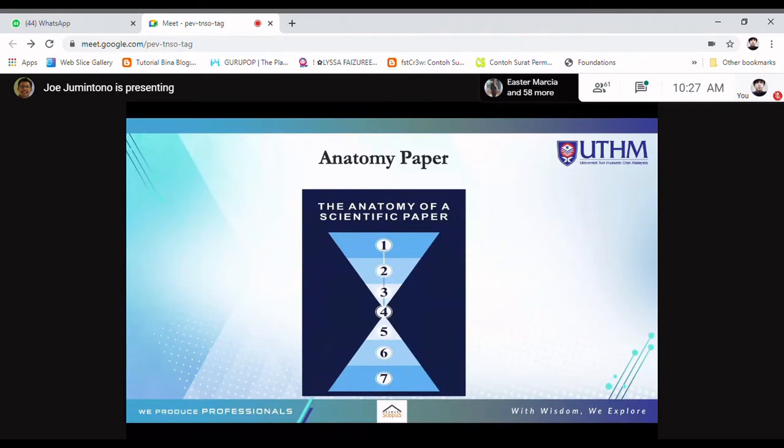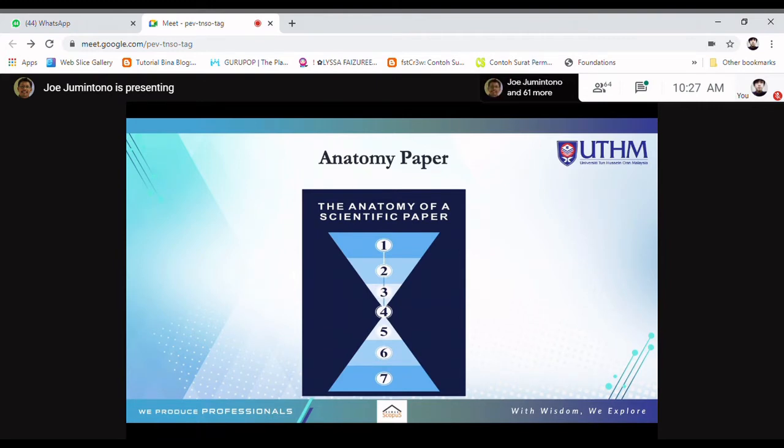You have to pay close attention to the introduction. Number 4 is research methodology. Numbers 5, 6, and 7 start from the finding or result of the research; number 6 is discussion and number 7 is conclusion. This is the parts of the paper.